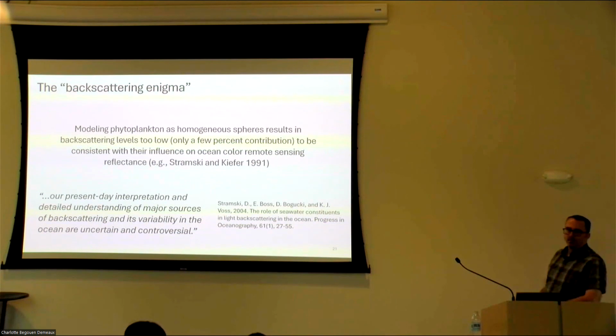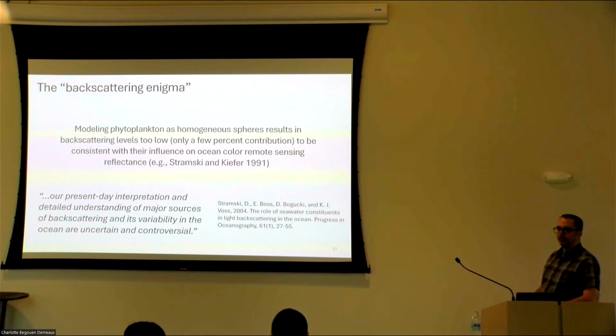Back in the 90s, when people were doing Mie theory simulations of what we think the ocean looks like in terms of particles, a common theme popped up: if we assume that the phytoplankton algae in the water are Mie scatterers, we could not get enough signal to explain what we see in the remote sensing instruments.